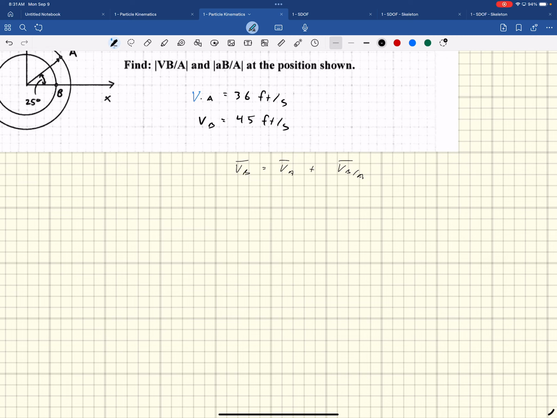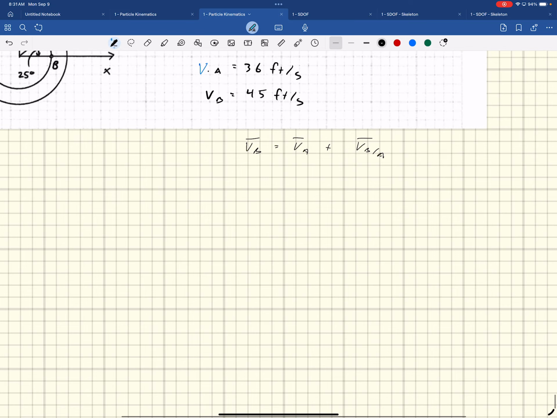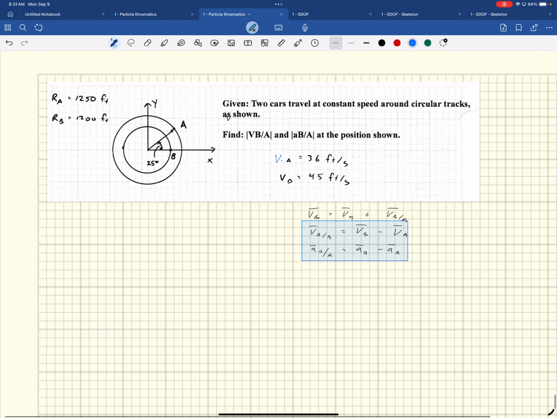But in this case, what it's asking for is the velocity of B as seen from A. So I could just rearrange this equation a little bit and say the velocity of B as seen from A is just going to be the velocity of B minus the velocity of A. Okay, same thing will play out for accelerations: the acceleration of B as seen from A is the acceleration of B minus the acceleration of A. I'm just rearranging that equation that we derived earlier. Okay, that's where we're headed, right?